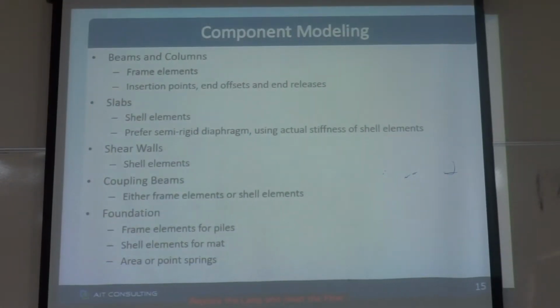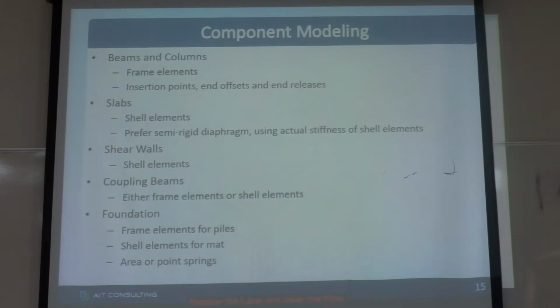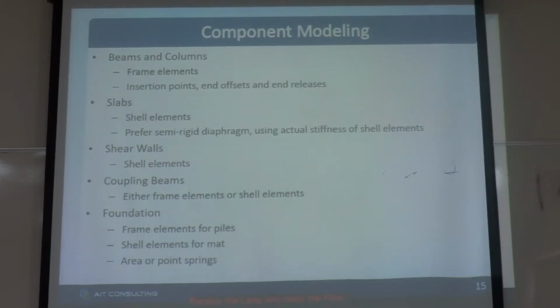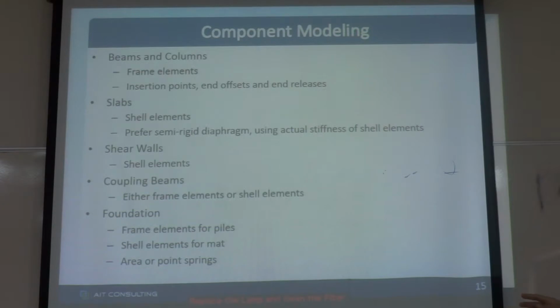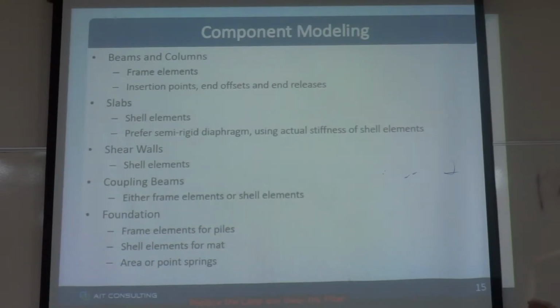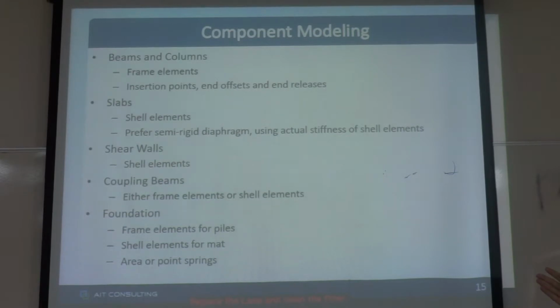For beams and slabs, we normally use frame elements, and we have to model the proper insertion point, length offsets and end releases. These things I will explain to you in ETABS when I present how to model in ETABS: how to define the insertion point, how to define the end length offset.